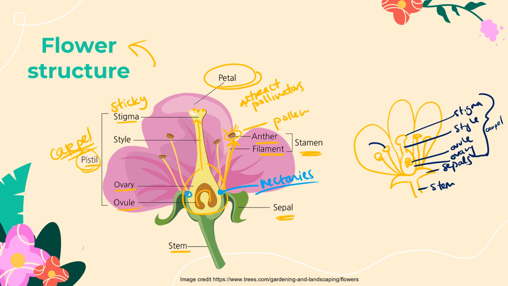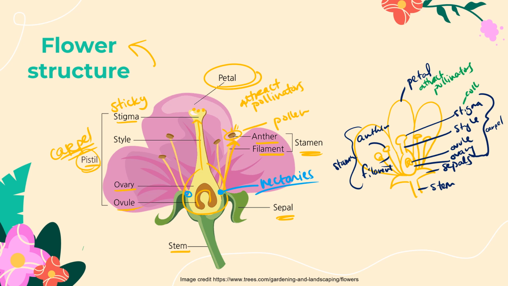And then of course we've got an anther and we've got a filament, and these together are the stamens. These are the male parts of the flowers. And then we've got some petals. If you are asked to annotate a diagram of a flower, make sure that you add some functions. Petals, again, attract those pollinators.